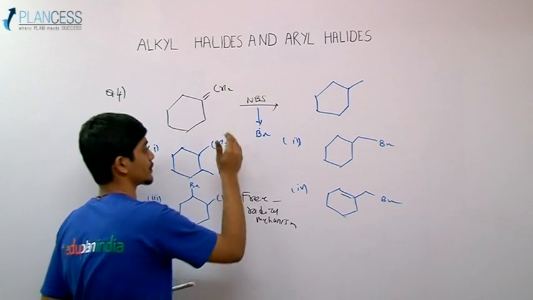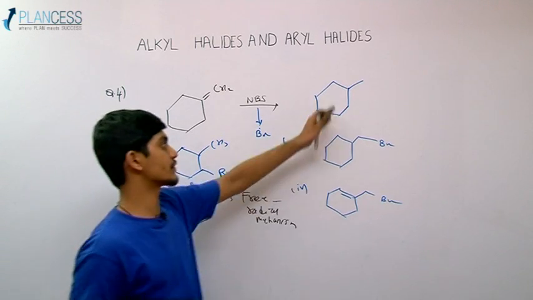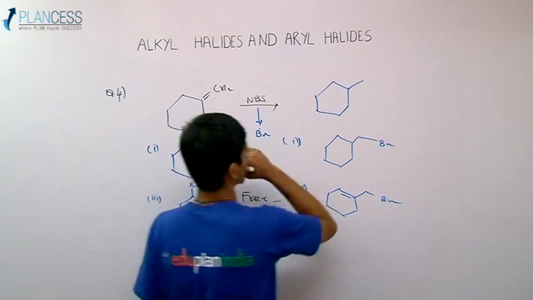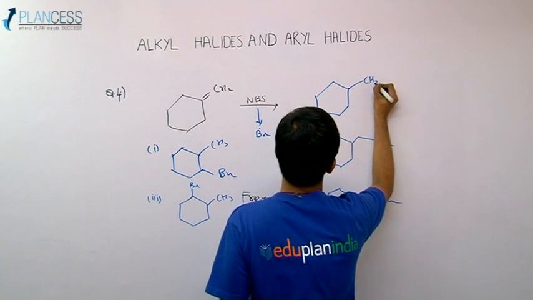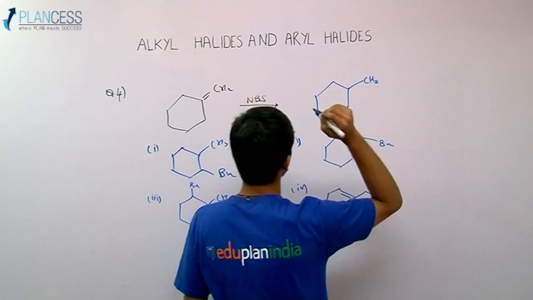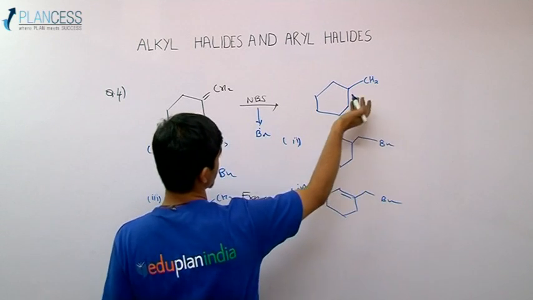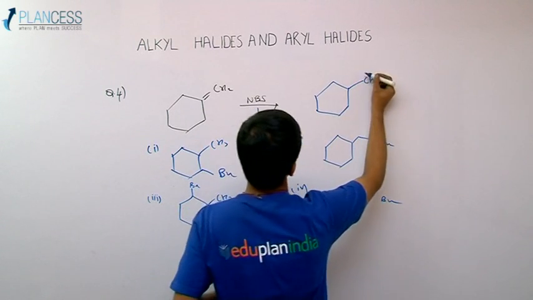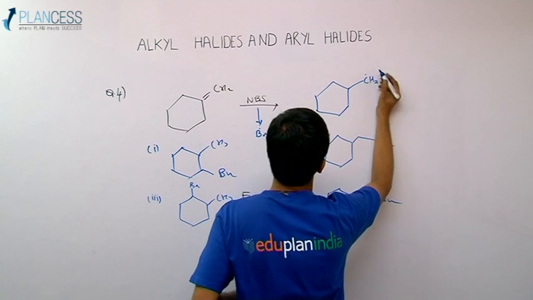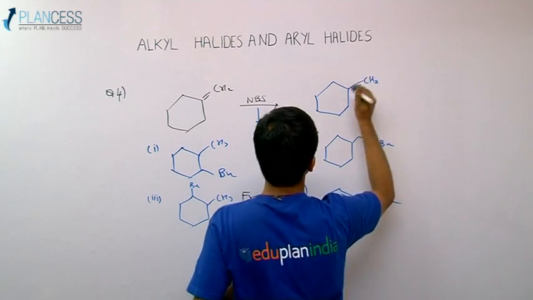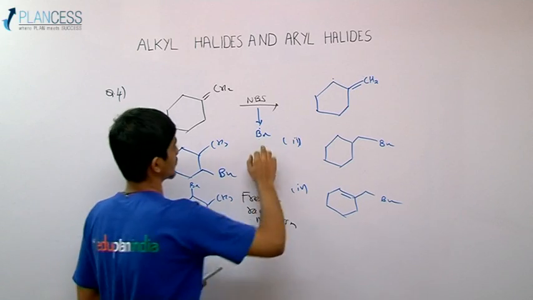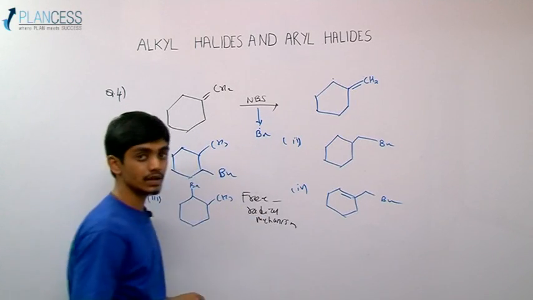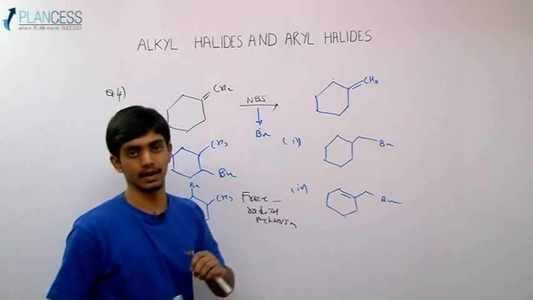So if you have a bromine free radical, what is the possibility over here? CH2, one free radical over here, but that can be taken as H, and one free radical over here actually creates a free radical over here, and directly bromine can come and attack over here because it has created a free radical there.